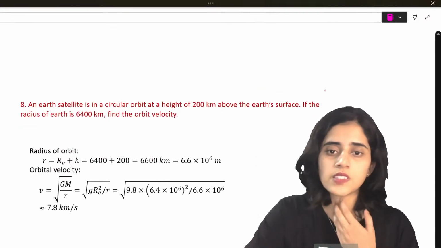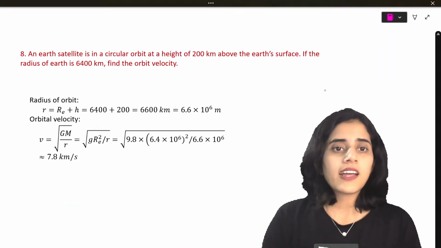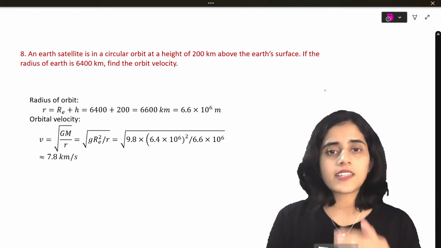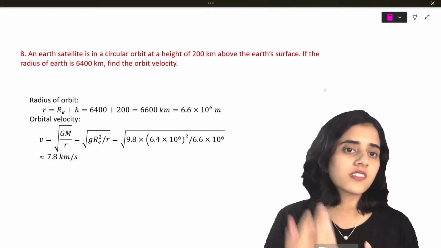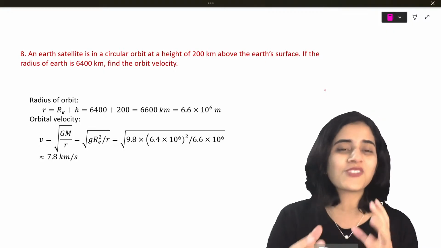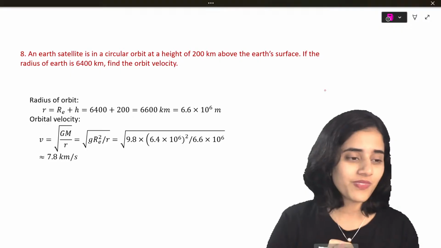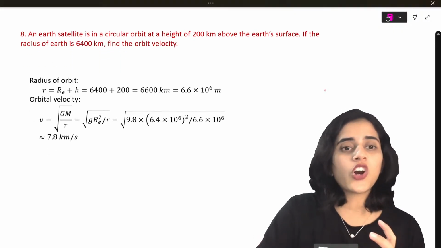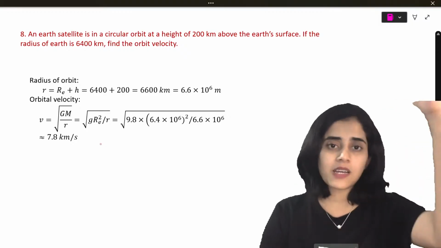Alright. Okay, I think there are 2 more questions. An Earth satellite in a circular orbit at a height of 200 km above the Earth's surface. If the radius of the Earth is 6,400, find the orbital velocity. So radius of the orbit is what? The radius is equal to radius of the Earth plus some height.